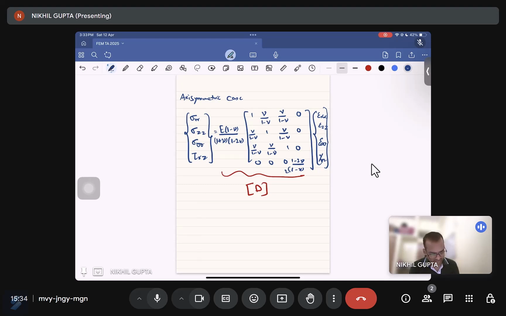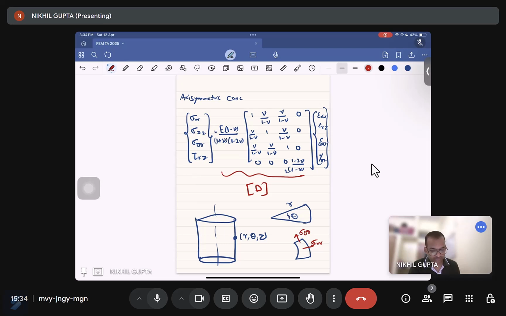To clarify the coordinate system, if this is a point, it will be r theta z. If you see in the top plane, it will be theta, this will be r, and the stresses acting will be sigma rr in this direction, sigma theta theta in this direction, which is what you call the hoop stress.